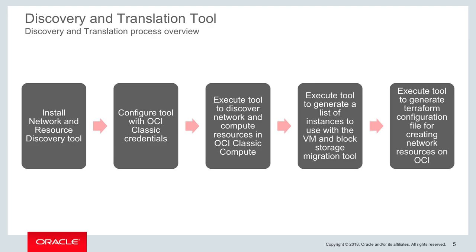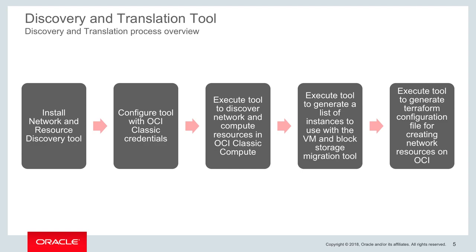Once the Network and Resource Discovery tool is installed, you will then configure the tool with your OCI Classic credentials information. And then you can execute the tool to discover network and compute resources in OCI Classic compute environment.